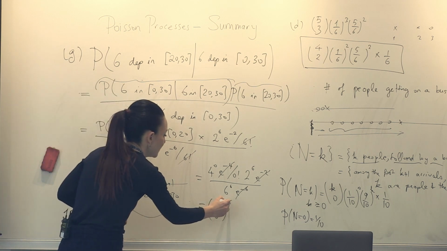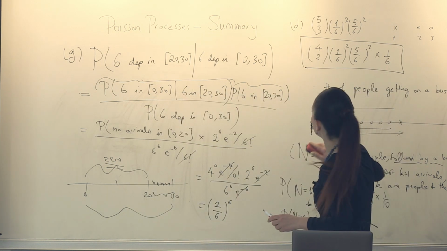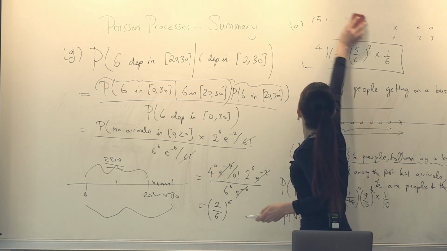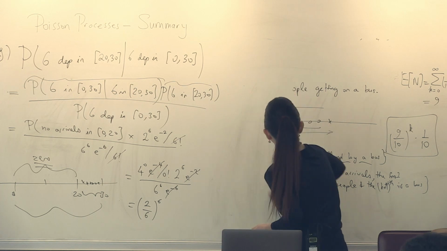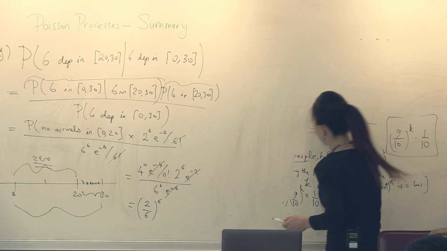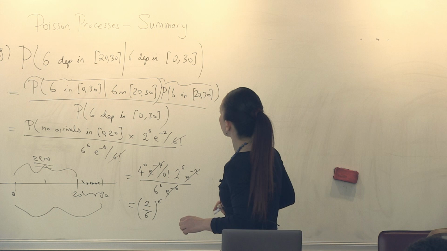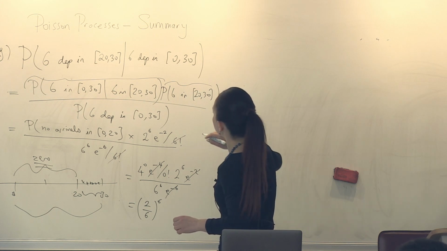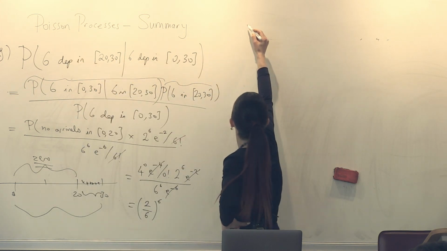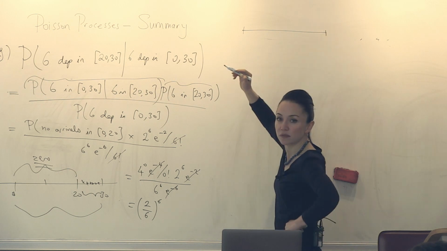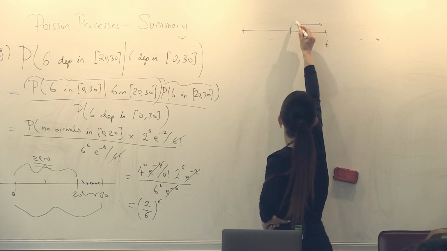But instead of these numbers, if I went with variables, maybe it would be more illustrative. So how about I say, given that I have this interval of size t, and I take this portion tau.